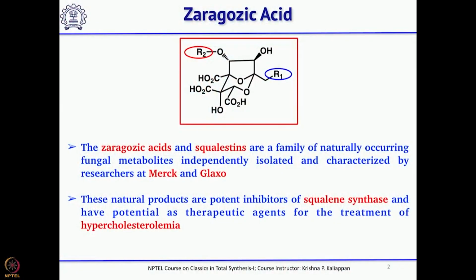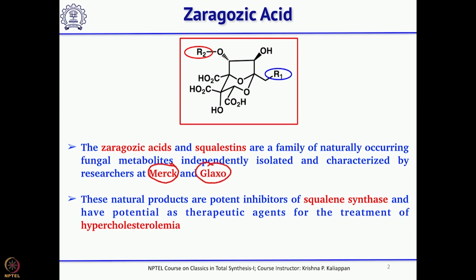So the Zaragozic acid and squalestatins, both belong to the same family of naturally occurring fungal metabolites, and were independently isolated and characterized by Merck groups and also from Glaxo.